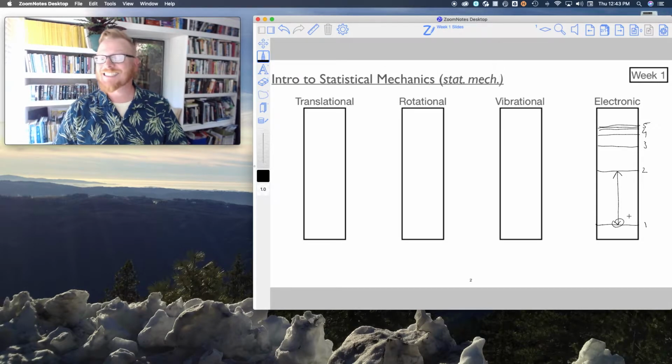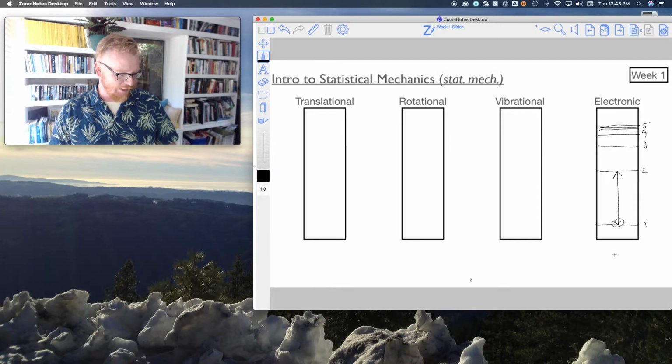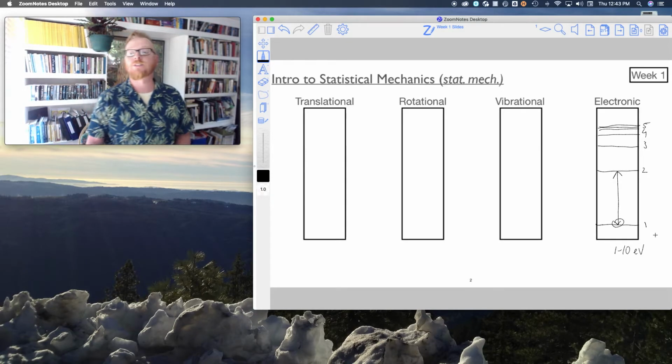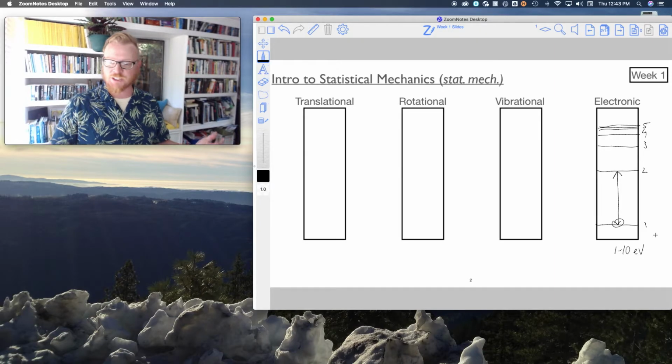However, what is typical, the value of energy needed to undergo this transition, I'm going to write that down here, is roughly about 1 to 10 electron volts for that first level. That's general, and that's a big range. We noted that 1 electron volt was about 10 to the minus 19 joules.